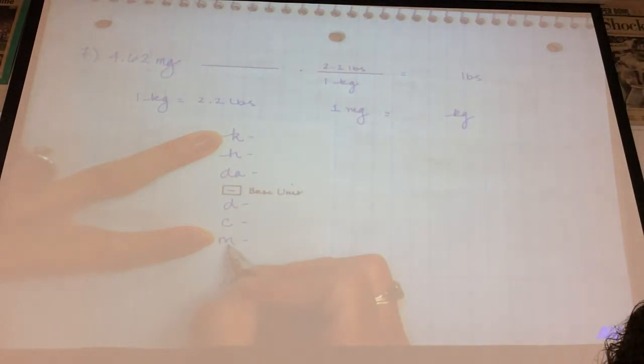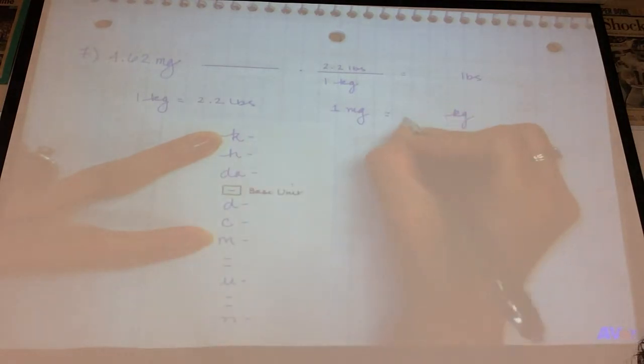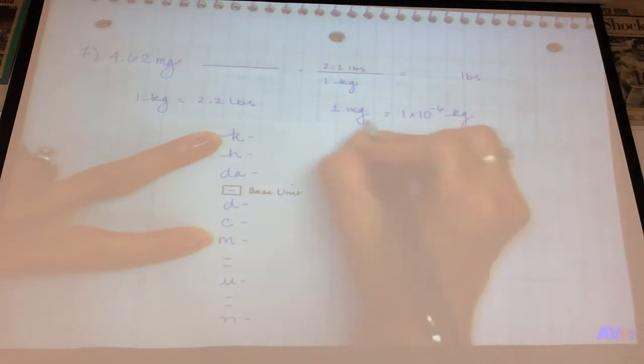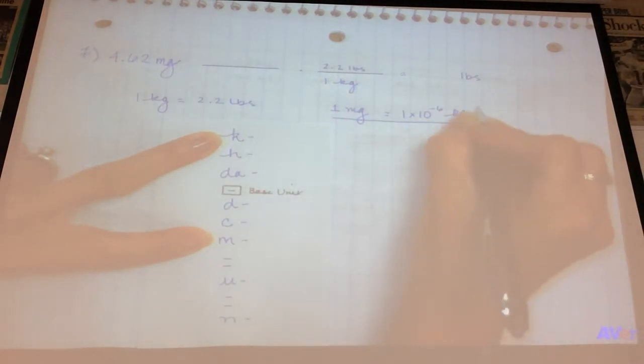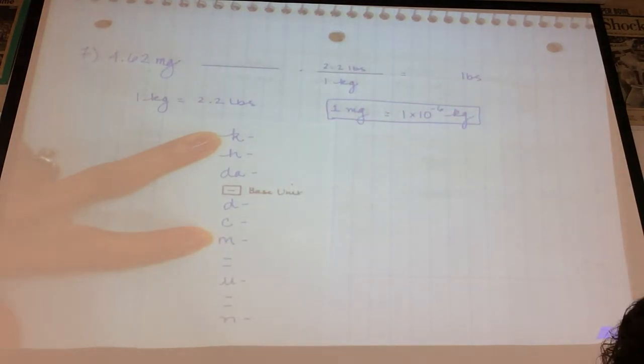And now, would I go up or down to get to the kilogram? Up. How many? 1, 2, 3, 4, 5, 6. So that would be 1 times 10 to the negative 6. So you could make an equality.